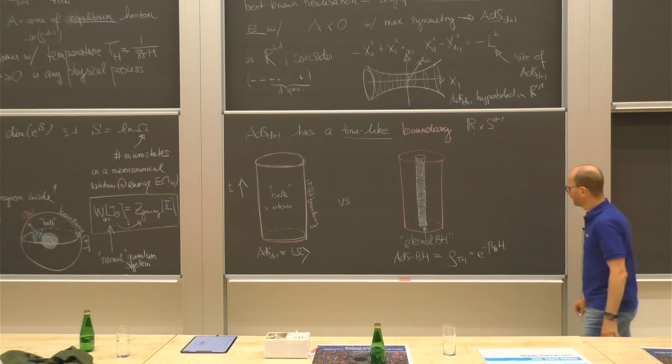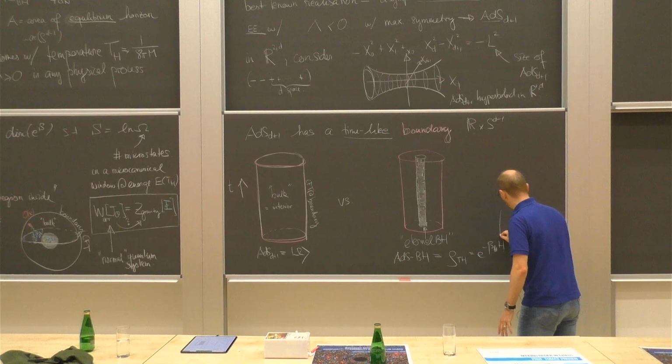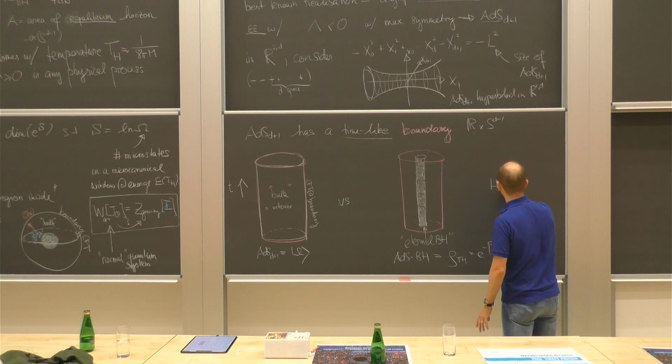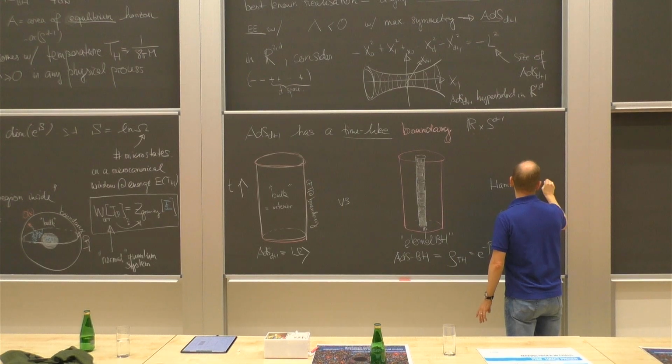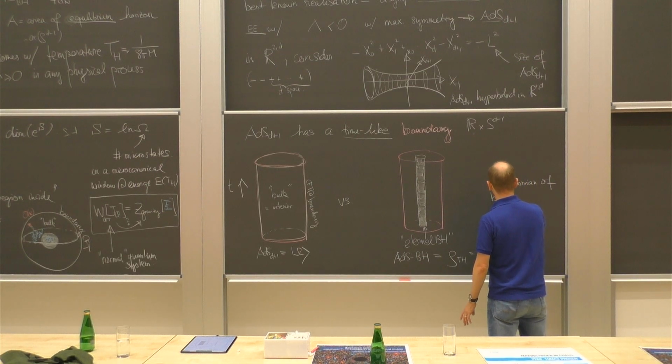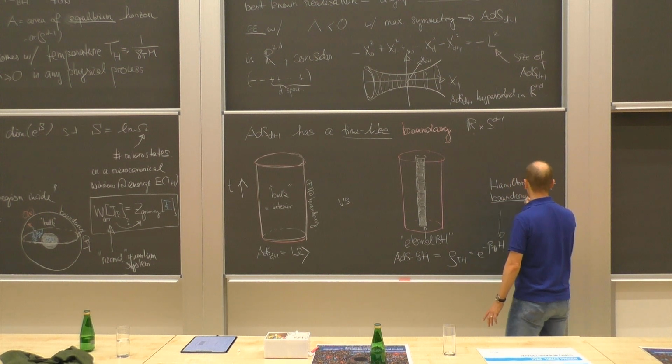So now this H is actually the Hamiltonian, literally, of the theory, the boundary theory. Okay, it's a Hamiltonian of the boundary.